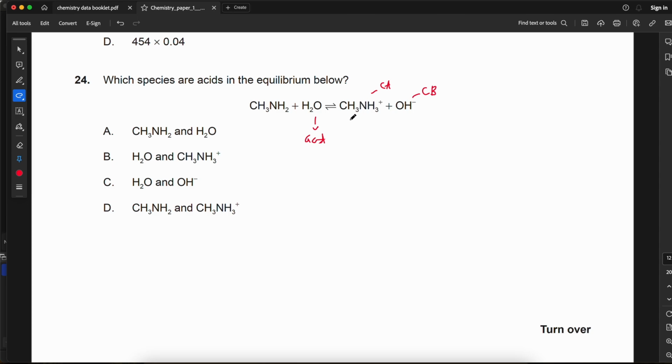And the conjugate acid is acting as an acid in the reverse direction. So which species are acid in the equilibrium below? That would be B, because this one is also acting as an acid in the reverse direction. So this is an equilibrium, so it can be forward and reverse.